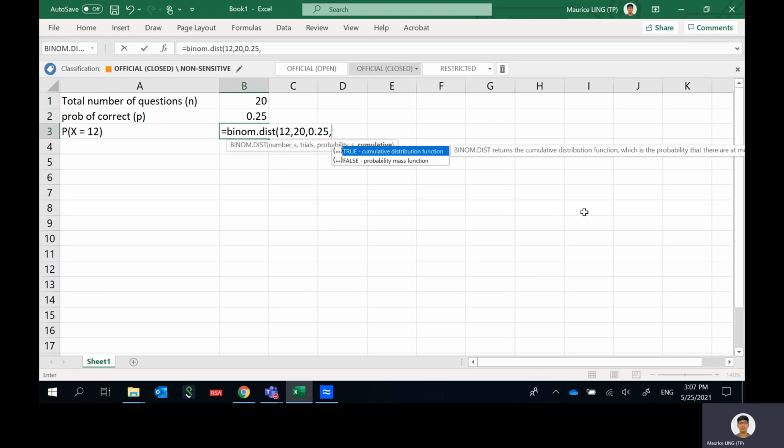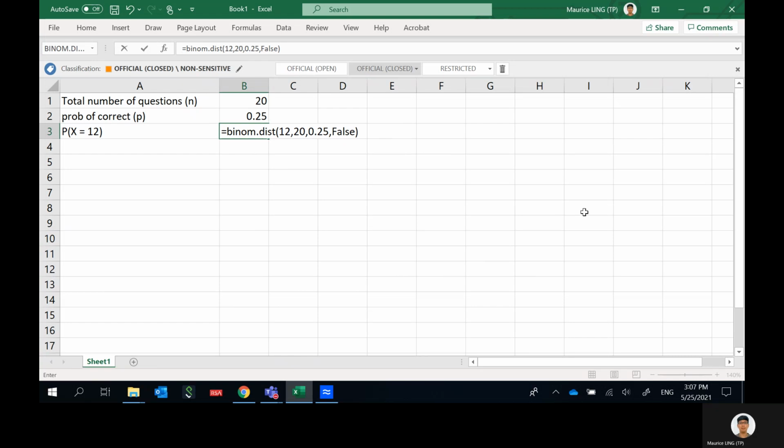The last one asks you for cumulative, whether you want to use a cumulative distribution function or a probability mass function. If you want to find only for 12, then you say false. If you put true for the last option, it means you're finding the probability of getting up to 12 marks. So it's actually accumulating 0, 1, 2, 3, 4, 5, all the way to 12. Make sense?